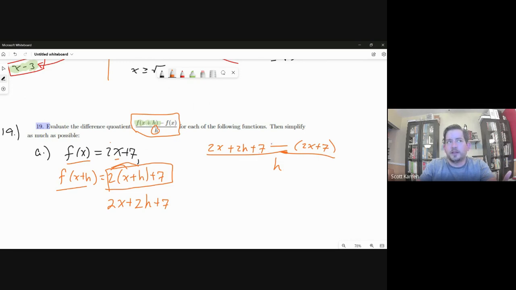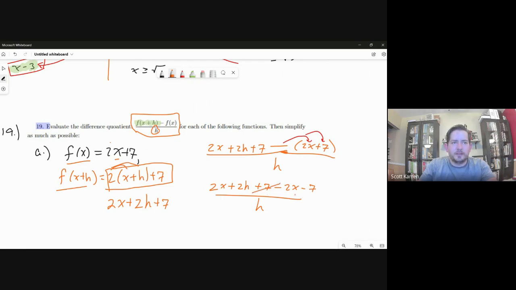And then I just simplify. So I'm going to take this minus and distribute it through my parentheses here. This gives me 2x plus 2h plus 7 minus 2x minus 7 all over h. And things will cancel out.